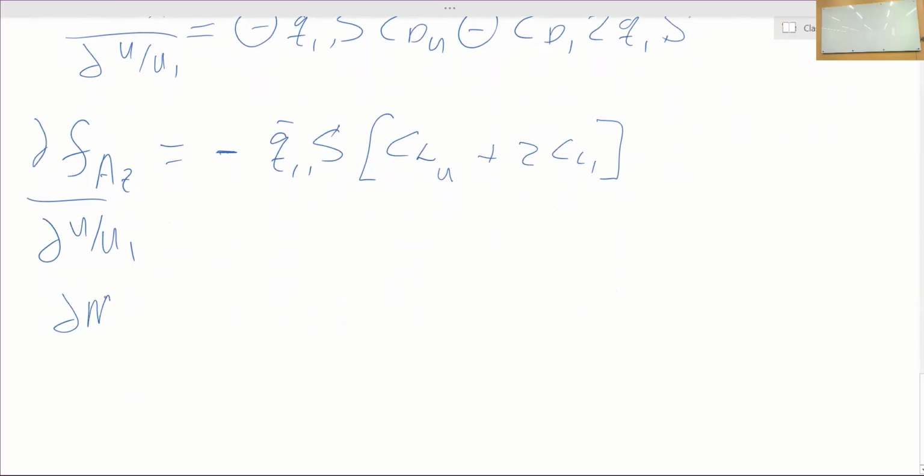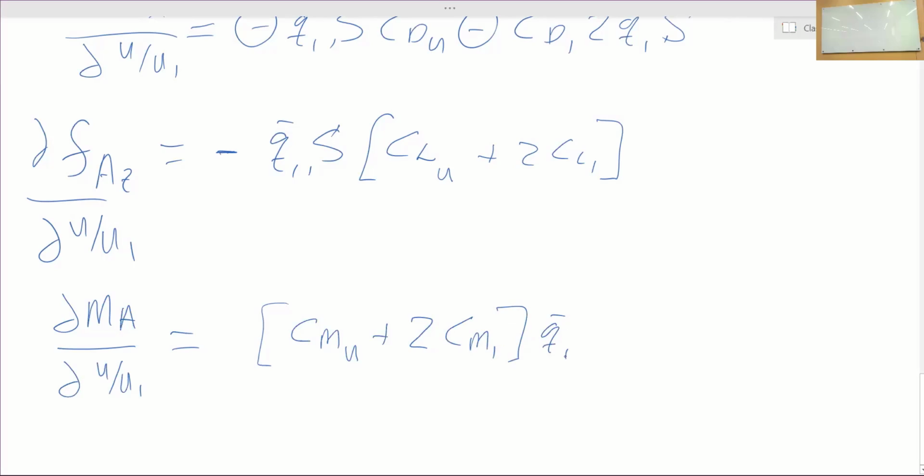And then pitching moment, this one's easy because you don't have the components of CL and CD. So we just get CMU, the derivative of CM with respect to U, and then the second part is the derivative of Q bar, just like we did before.